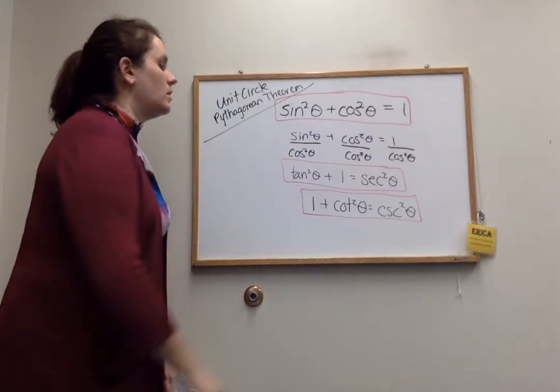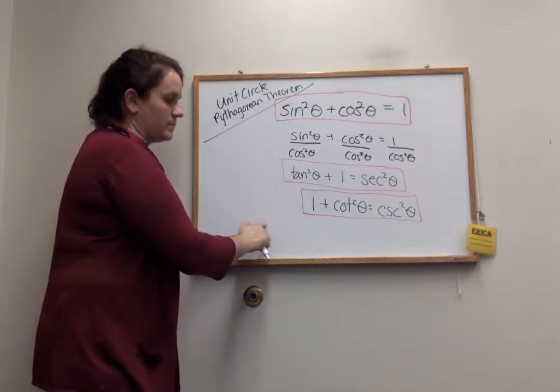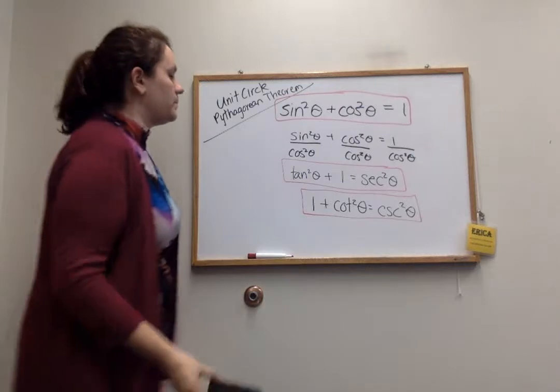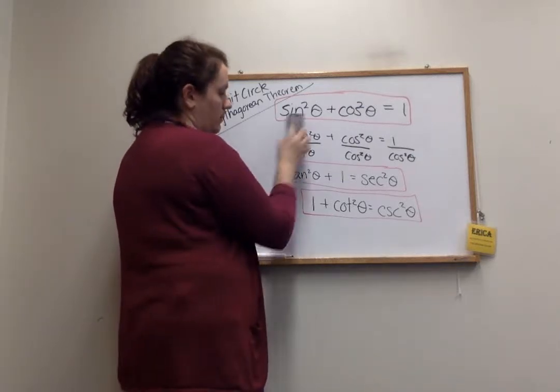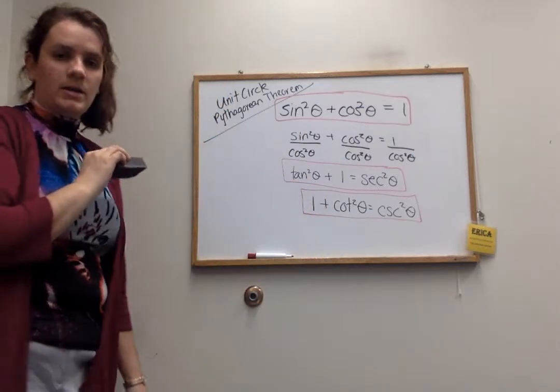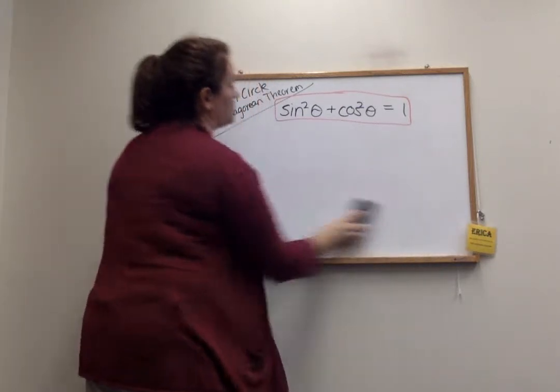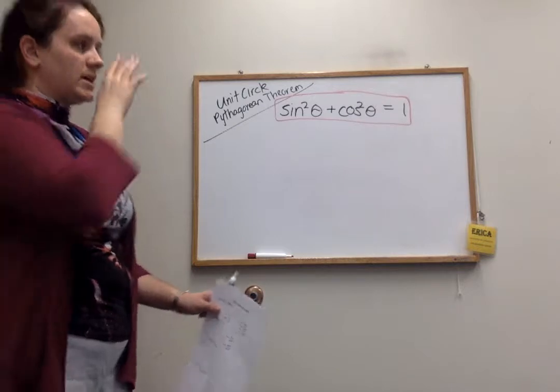Okay. So now that you have them, let's look at an example of what you might be asked about one of them. For starters, and I'm going to erase these two, so hopefully you have them written down. We're just going to use the first one for our example. Sine squared plus cosine squared equals 1.